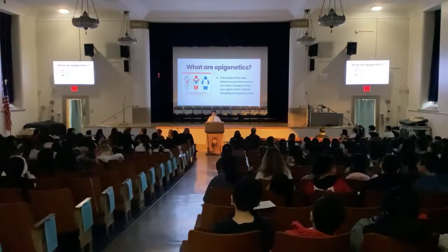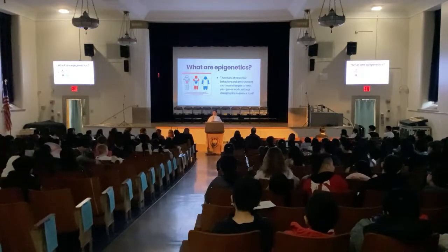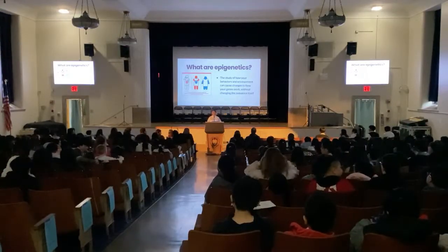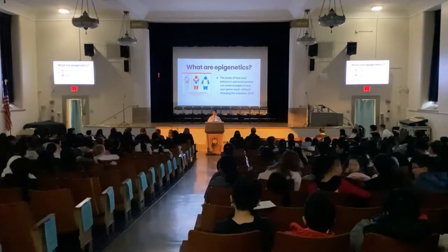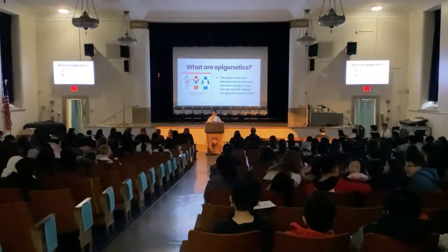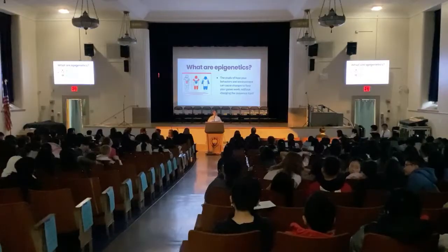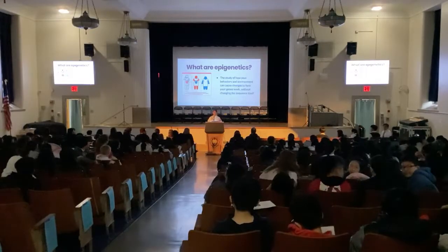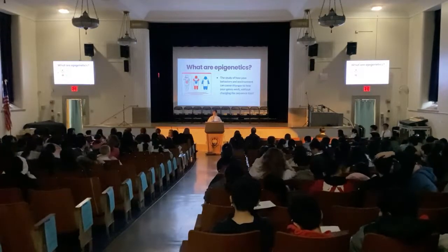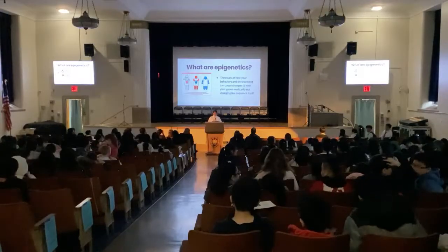We also need to understand what epigenetics is. Epigenetics is the study of how your behaviors and environment can cause changes to how your genes work without changing the sequence itself. What this means is that it changes how your body reacts, how your body reads the DNA sequence without actually changing it.